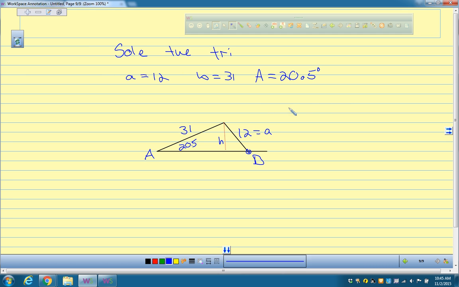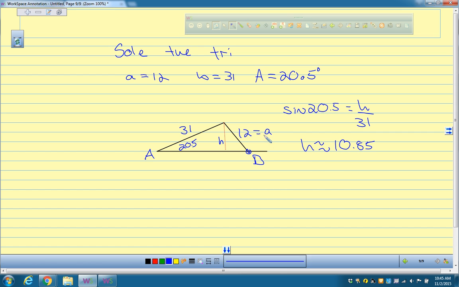So again, sine of 20.5 equals H over 31, okay? And if I solve this, I get H is about equal to 10.85, okay?